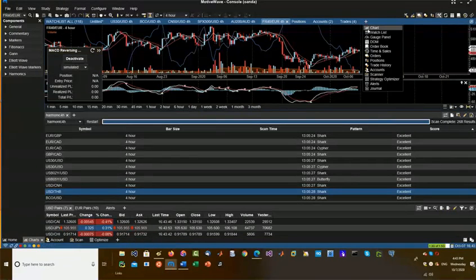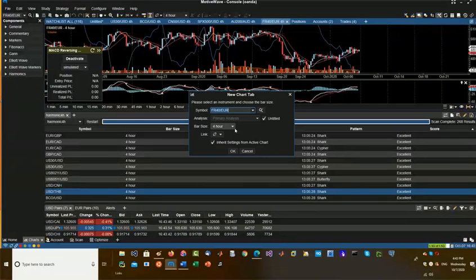So let's go and add our new charts and apply our MACD reversal at the same time. So Euro against GBP. Now, as I said, I'm going to keep it to 1 hour. I want to see if there's more activity on P&L on that.